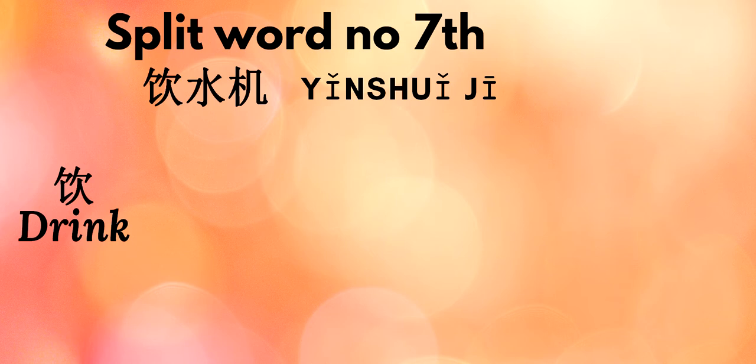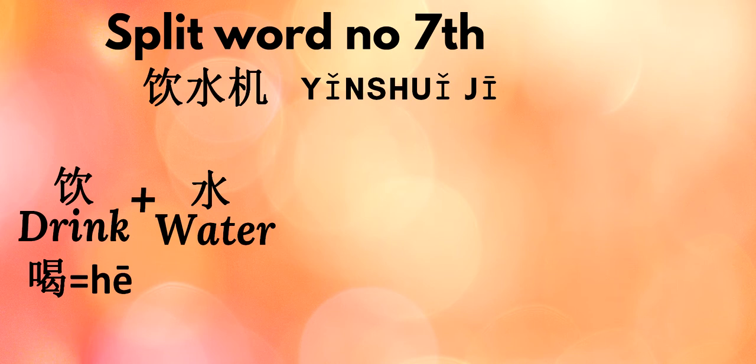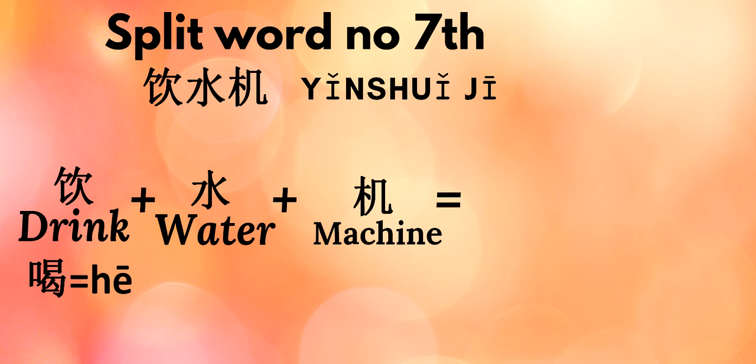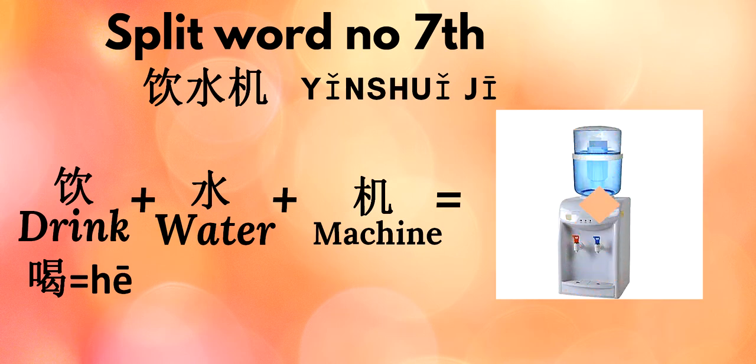Mostly they use the word hē for drinking. It could be used rarely in conversation, but this means to drink, so you have to remember this. It is combined with shuǐ, which means water, and jī means machine. Now you can guess what it could mean: drink water machine. So it is a water cooler.